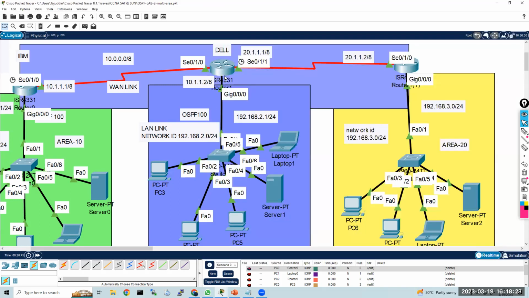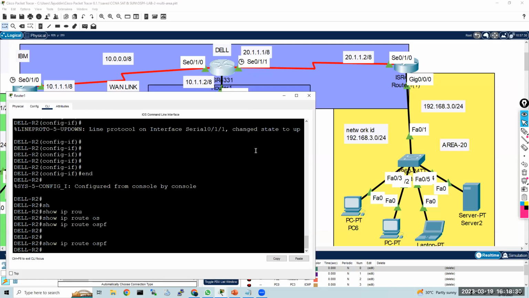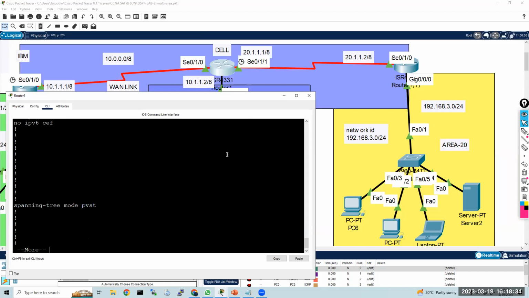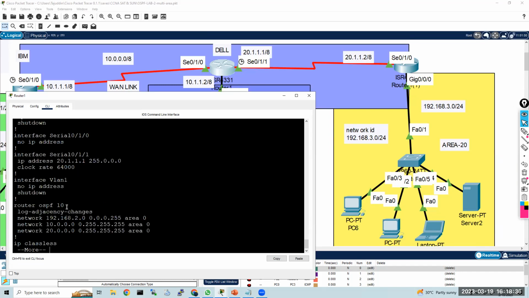Let's check with R2 now. Show run. Okay, area 10, OSPF 10. The 2 network belongs to area 0. Okay, these all belong to area 0 itself.